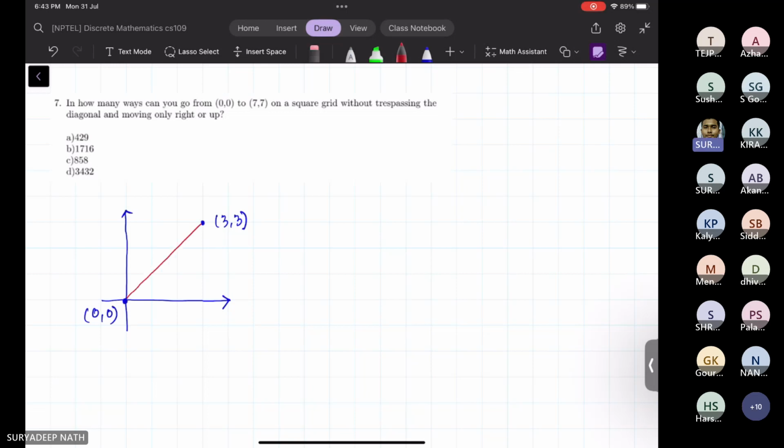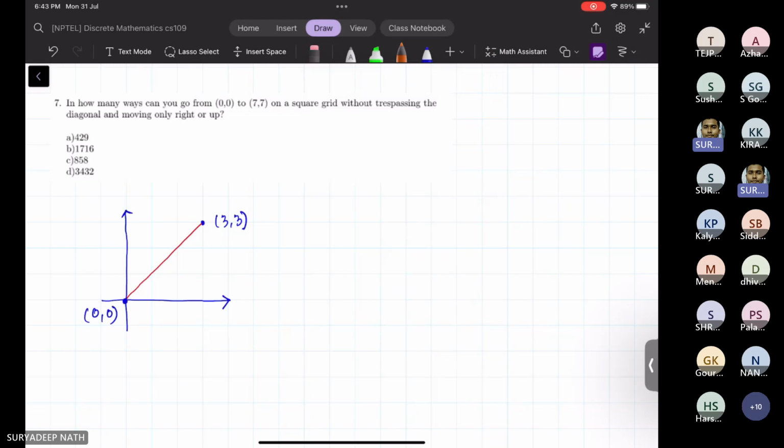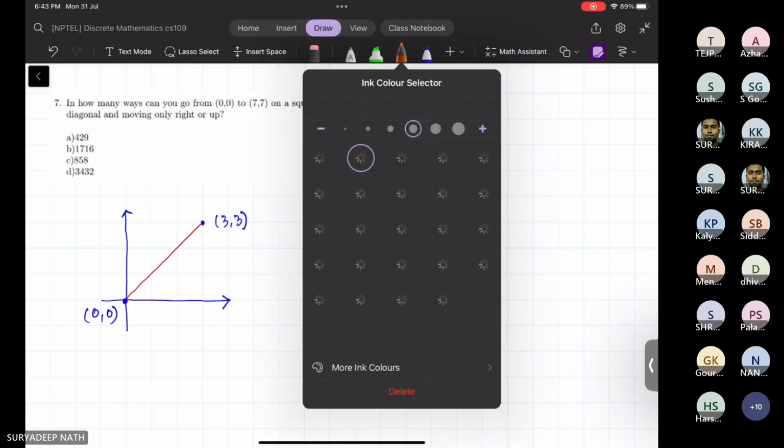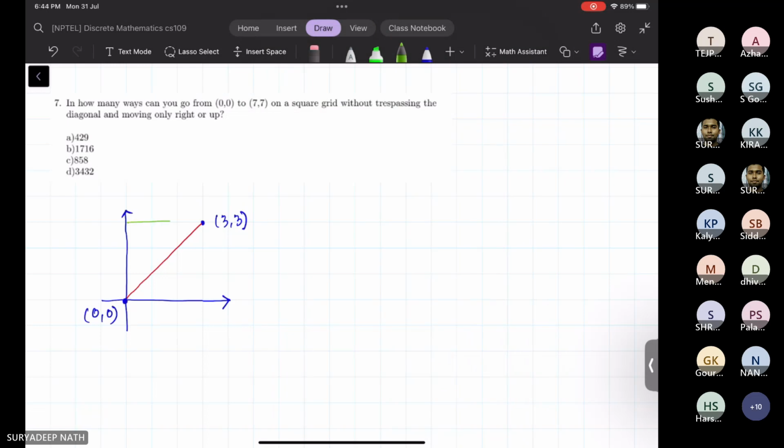This line over here is the diagonal. Now let us draw any valid path. Let me highlight the grid. Okay, so this is the grid, and any valid path would look like this.